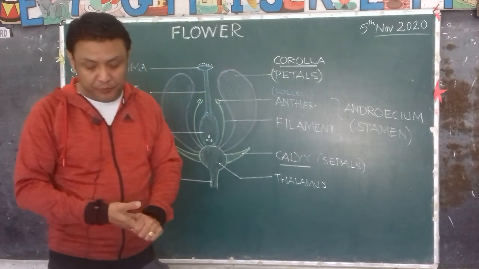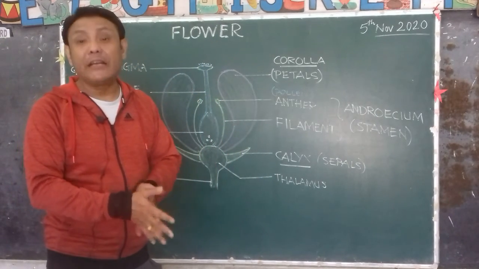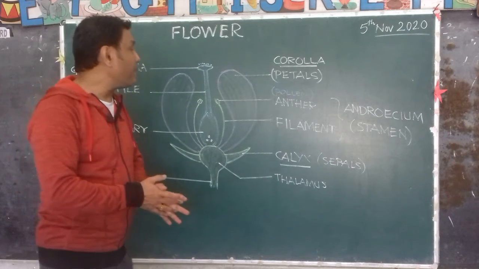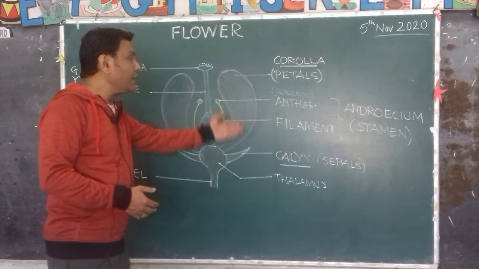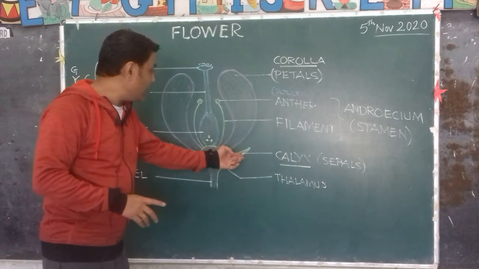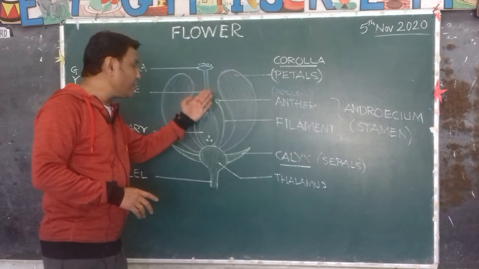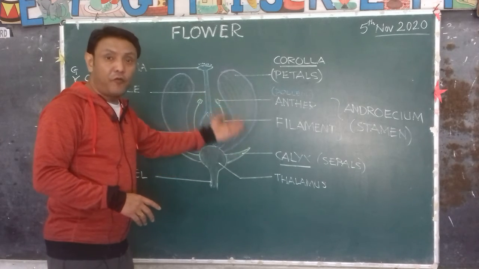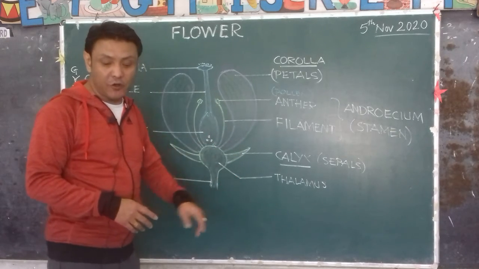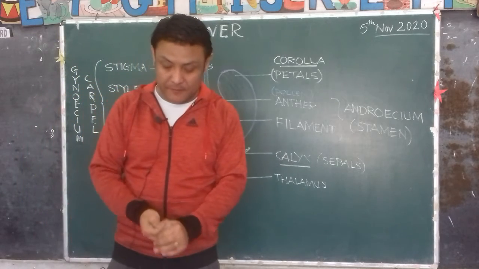Now we come to the incomplete flower. Incomplete flower means if any one or more of the four floral whorls, the calyx, the corolla, the androecium and gynoecium, are missing, then it is called an incomplete flower. Okay.